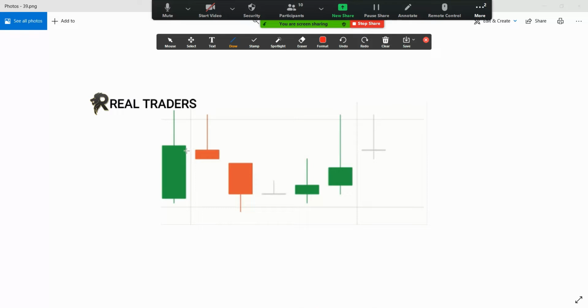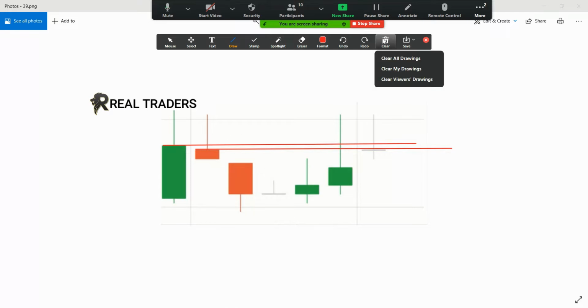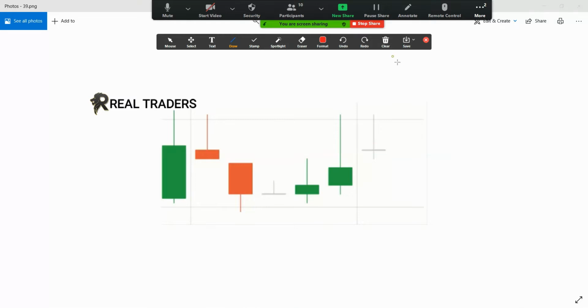The level, let me draw clearly. You can see the level is like this, the area. Okay, so you can see there is a seller's entry.